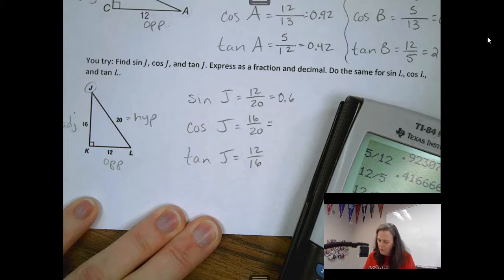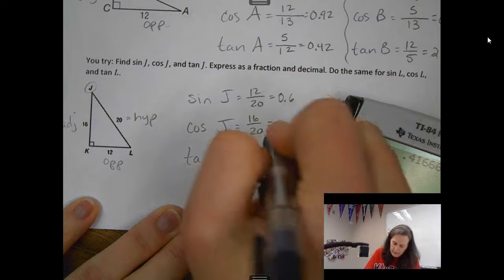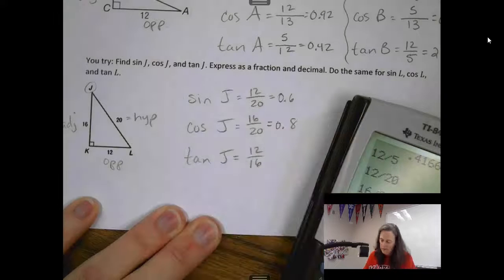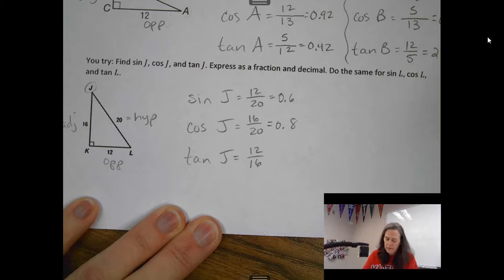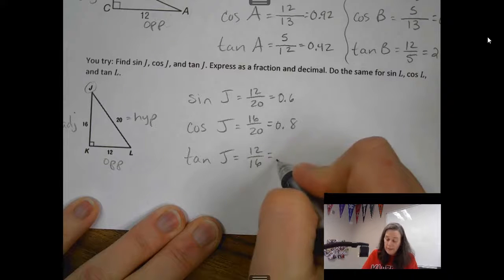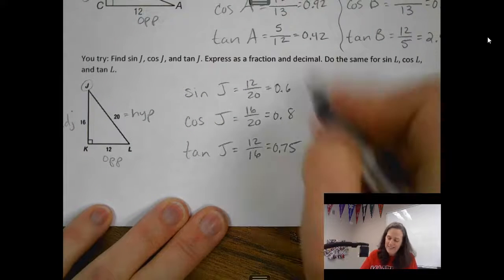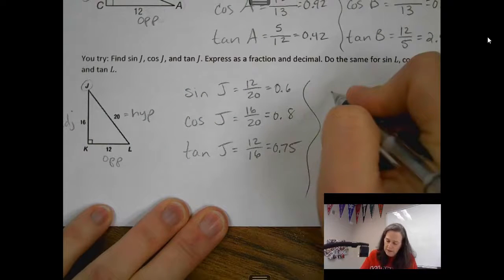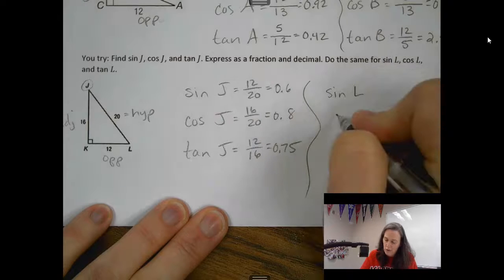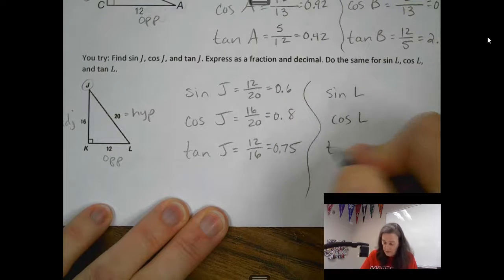I'm guessing 0.8. Let's make sure, 0.8. And what's this one? 12 divided by 16. That sounds like 3/4 or 0.75. Do we match? Okay, and then we swapped it all and did sine of L, cosine of L, tangent of L.